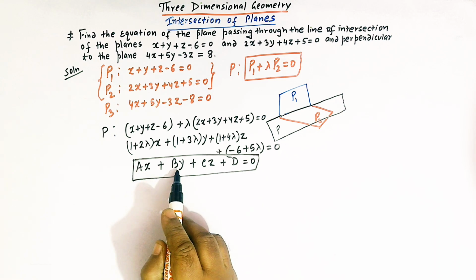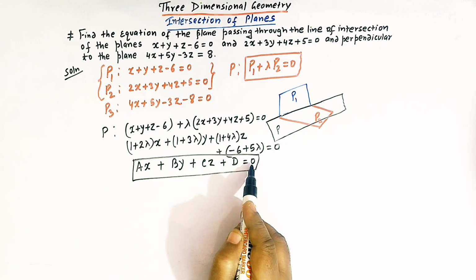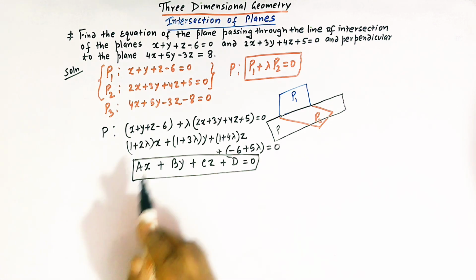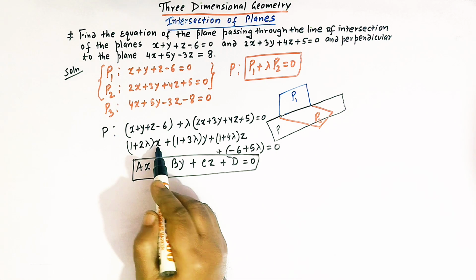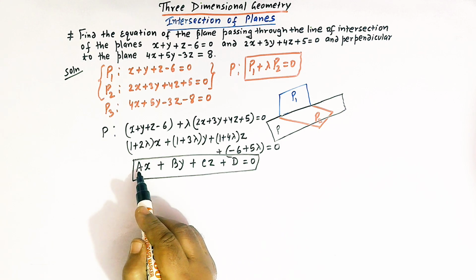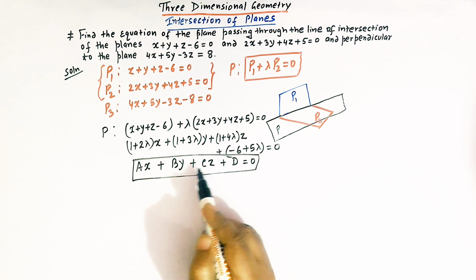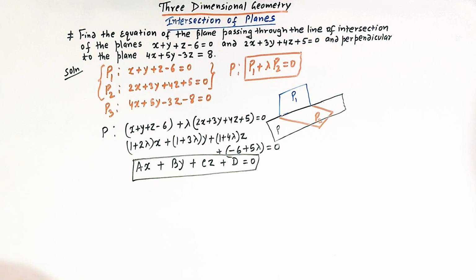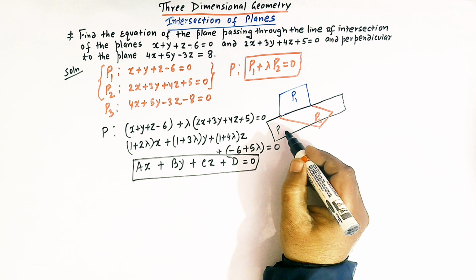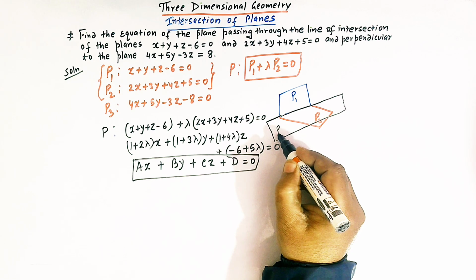The coefficients a, b and c denote the direction ratios of the normal vector to this plane P.